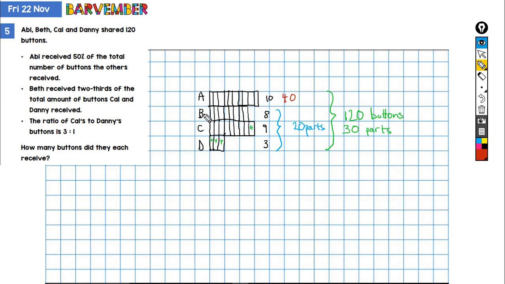Okay, Beth has 8 times 4, which is 32 buttons. Okay, Cal has 9 times 4, which is 36 buttons, and Danny, obviously not the biggest fan of buttons, has 3 times 4, which is 12 buttons. Okay, I hope that helps.